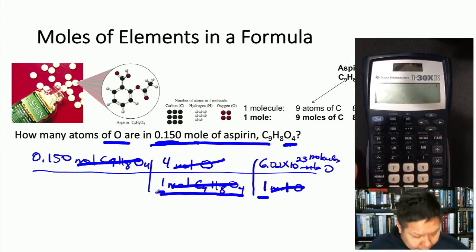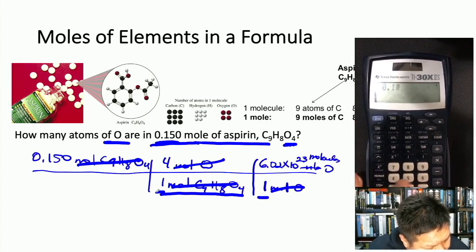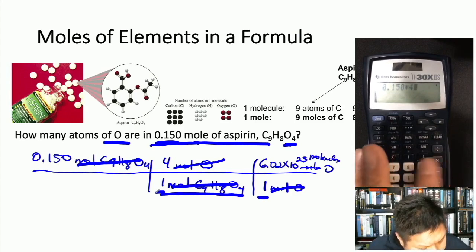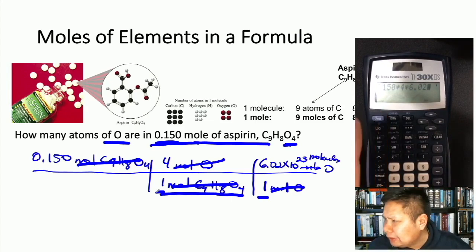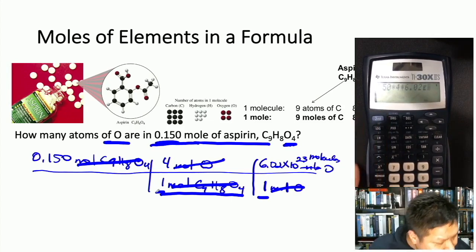Clear. So we want to start out with 0.150 times 4 moles of oxygen times Avogadro's number again, 6.02. And then this is where we do E again, second E, to the 23rd.